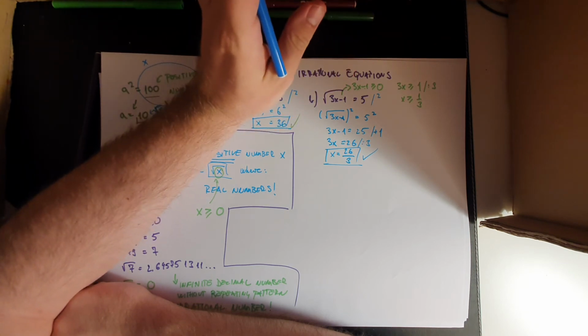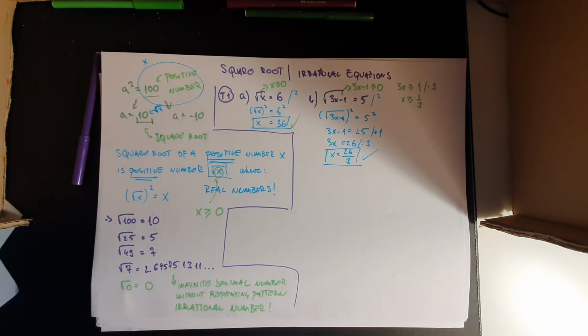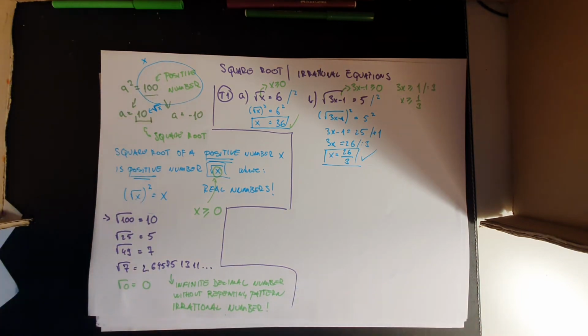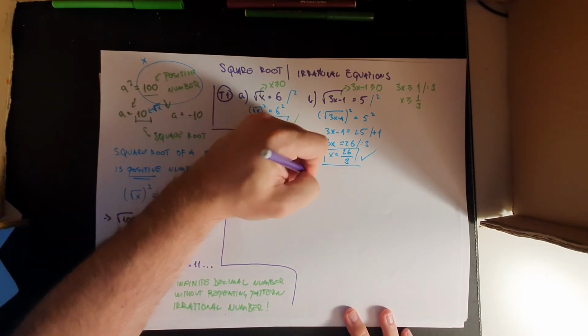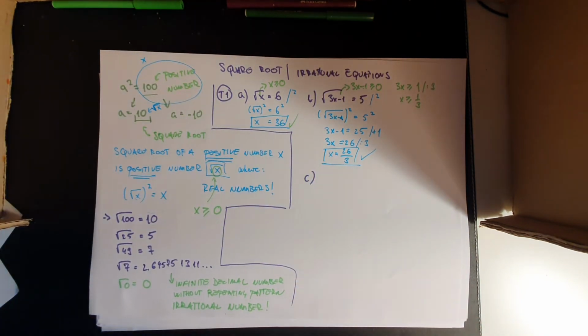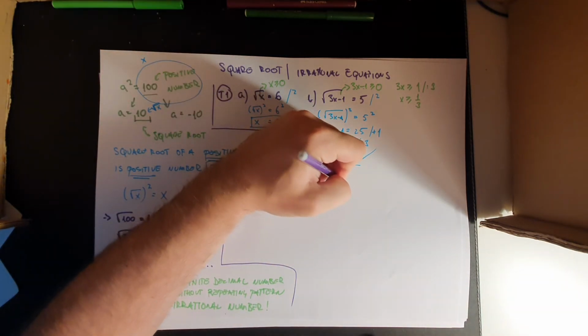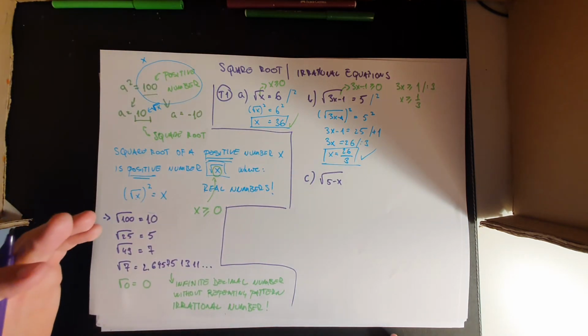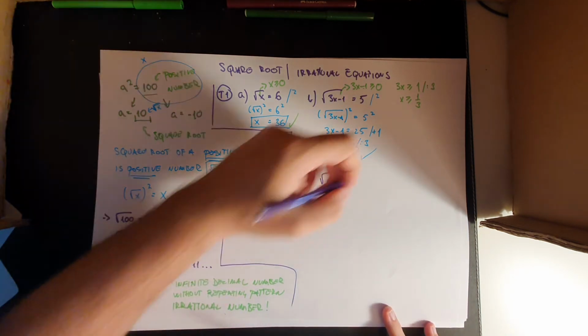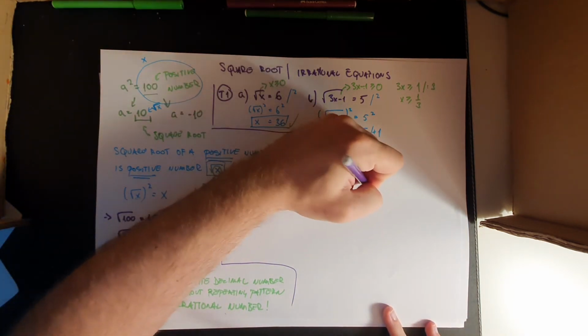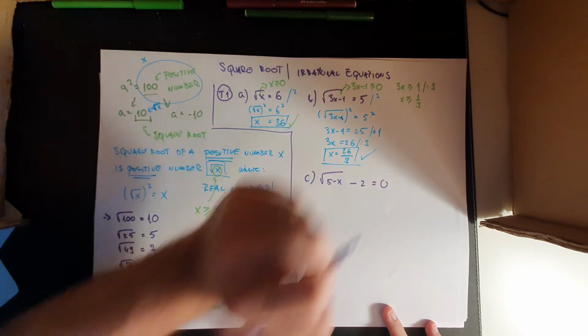And we are done. Now I'm going to show you one more example in this task. Let's go with the C example. And here I'm going to change the order of things a little bit. So what we are going to do here is that the square root of 5 minus x is going to be a square root, the irrational, so to say, part. Then we are going to subtract 2 from it and say it is all equal to 0.